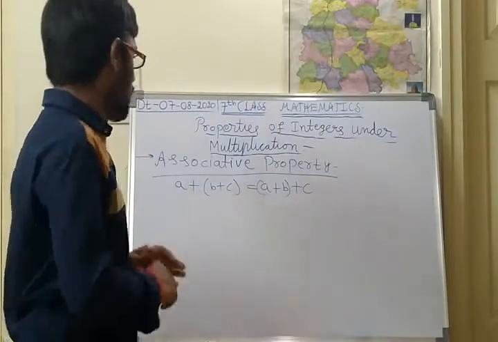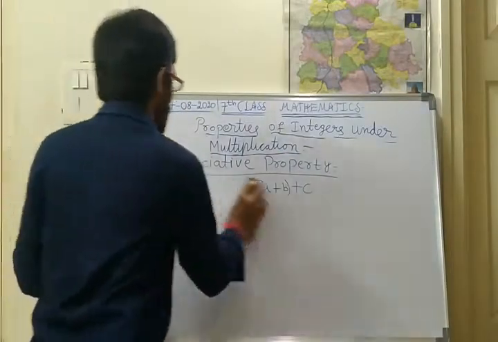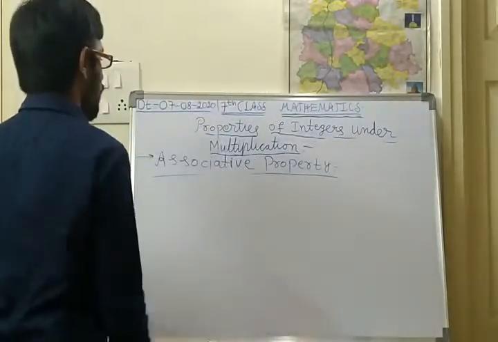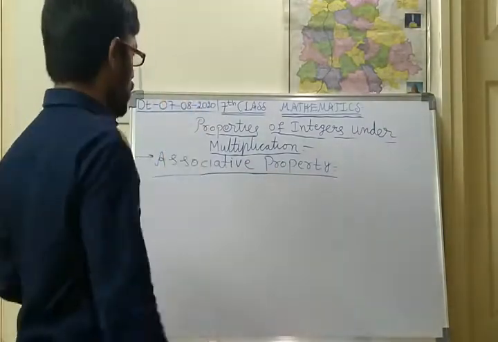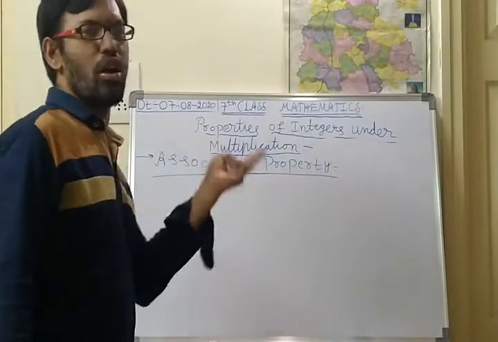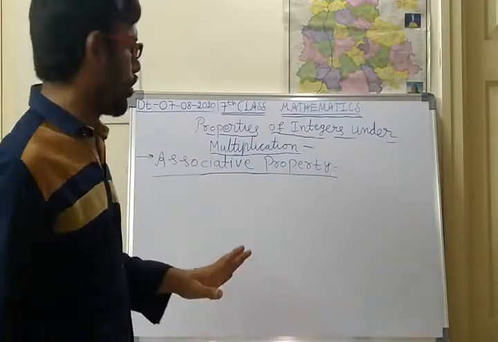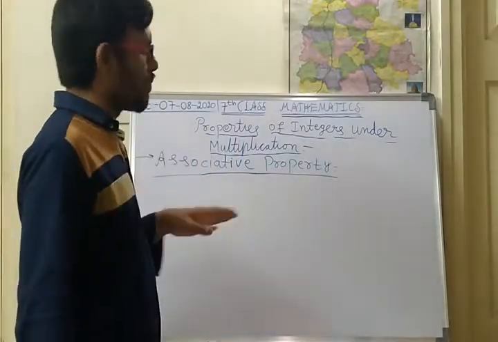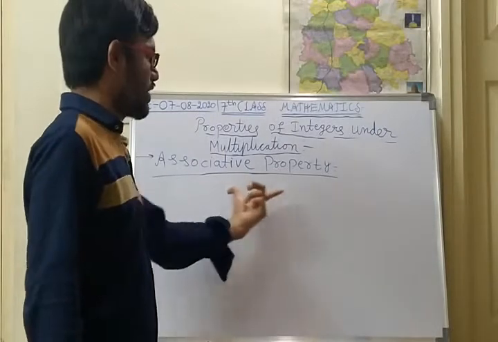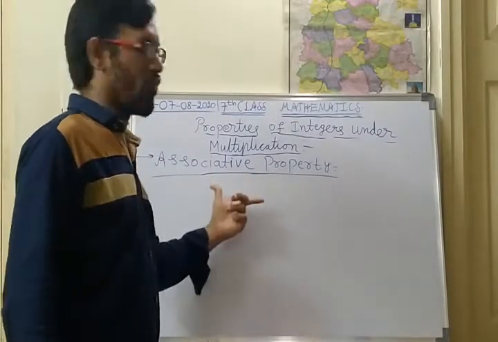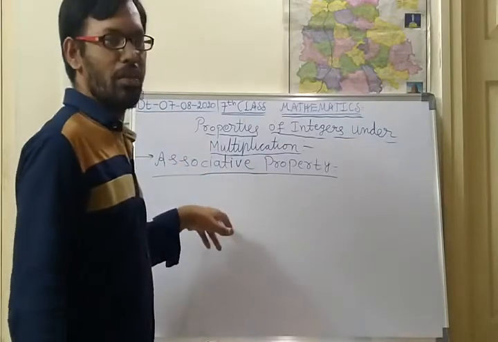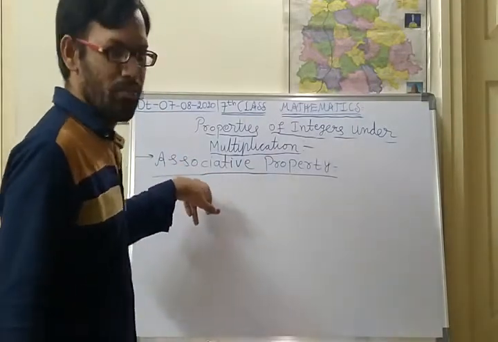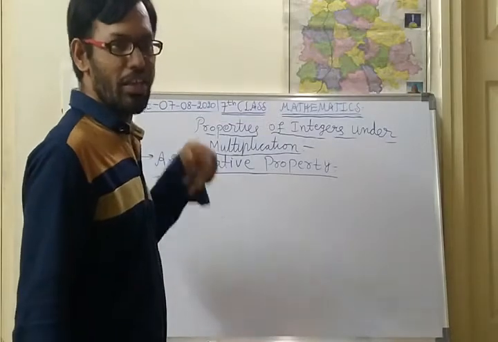Now in the multiplication, what will we see? In the multiplication also, for the associative property we have to consider three integers, whether positive or negative or 0. You should take the same formula, but instead of the addition symbol you should take the multiplication symbol.